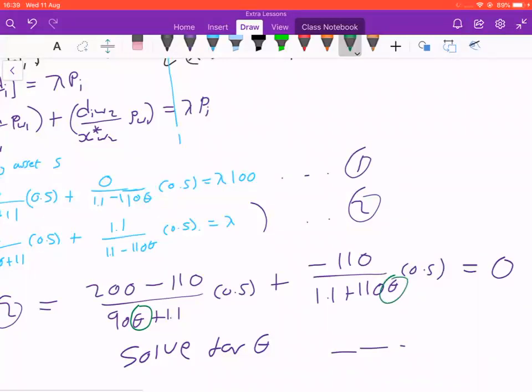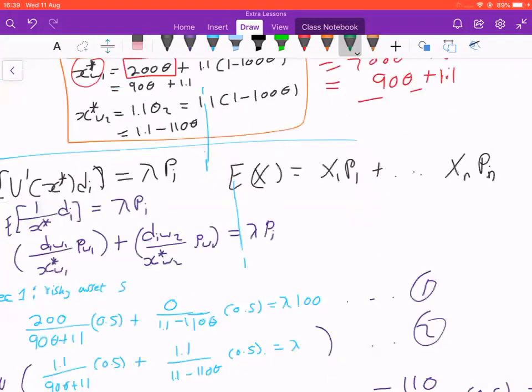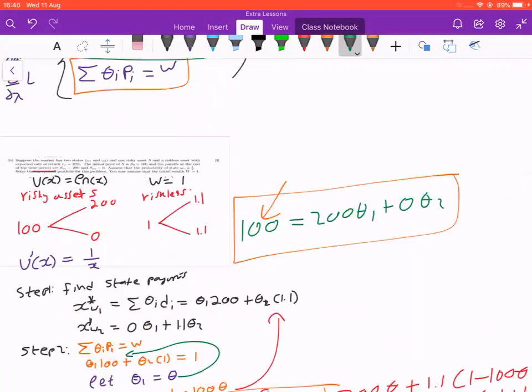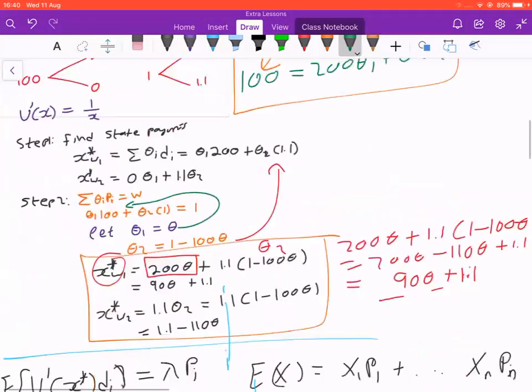So I assume that at this point, you can solve this thing algebraically to find your thetas. Whatever value of theta you find is the amount of shares you should buy for asset 1. And then you will also try to find theta 2.